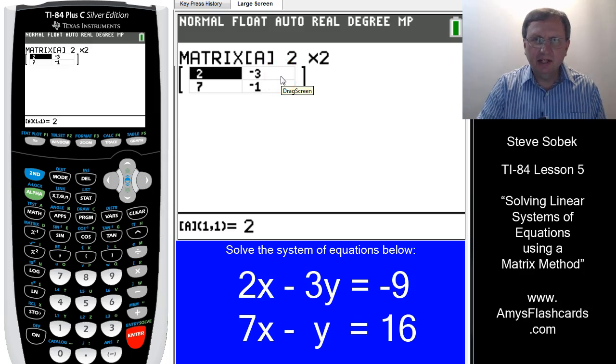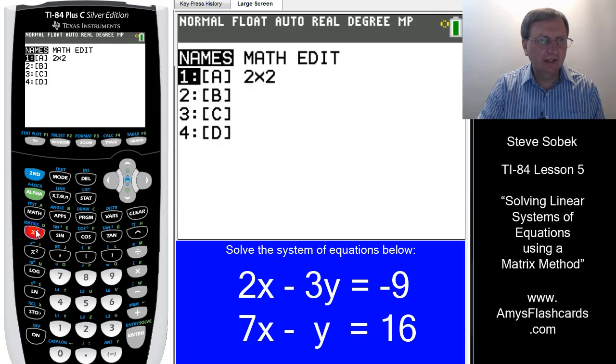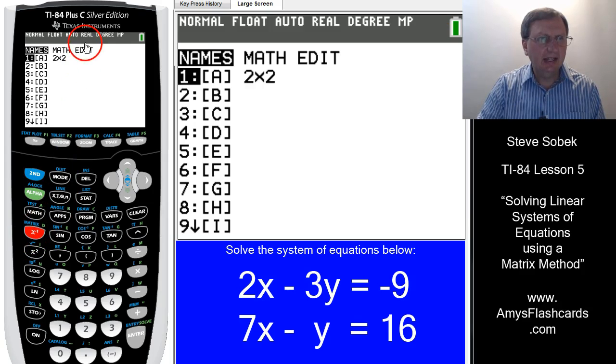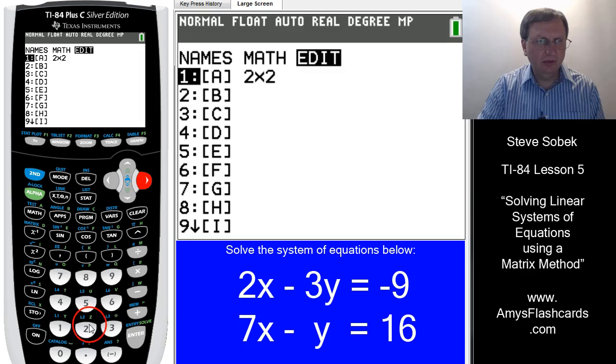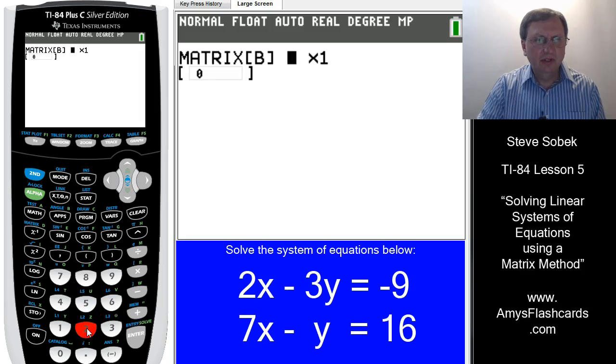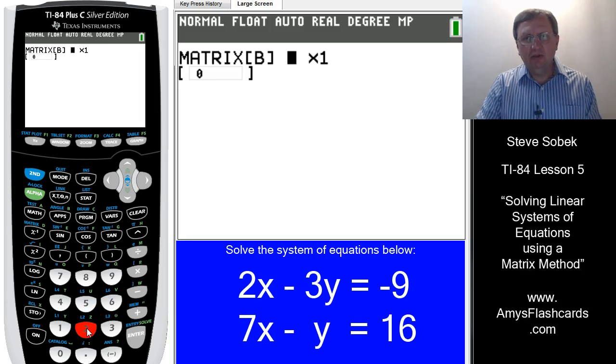Now we need to define matrix B. So we'll go ahead and hit second matrix again and highlight edit with the right arrow key 2 times. This time choose number 2. All right, matrix B had 2 rows and 1 column, so it's a 2 by 1.